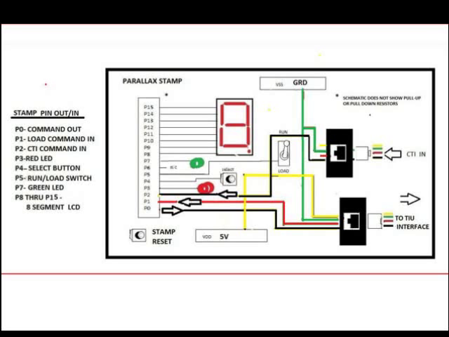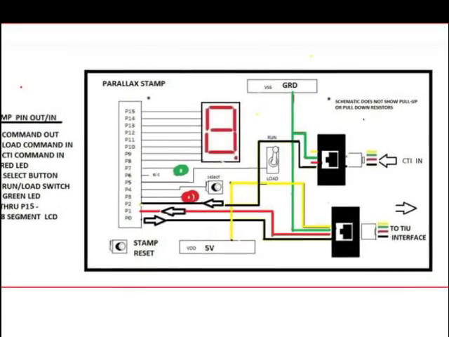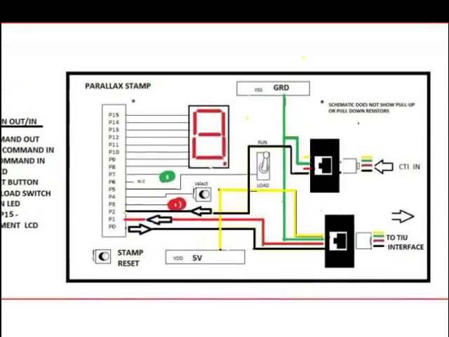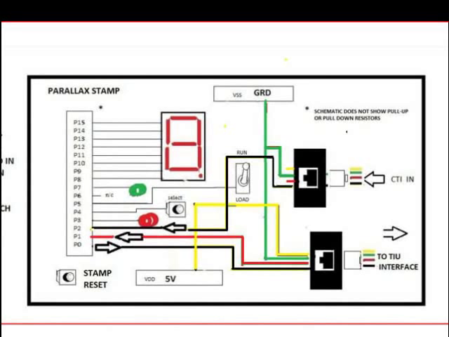Now I'm going to show you on this schematic what I've actually loaded onto that Parallax stamp card. There's not very much. There are 15 pins on the stamp that can be used for input and output.